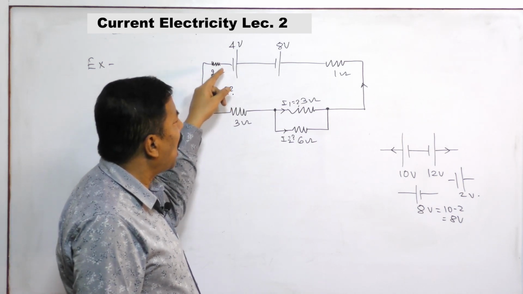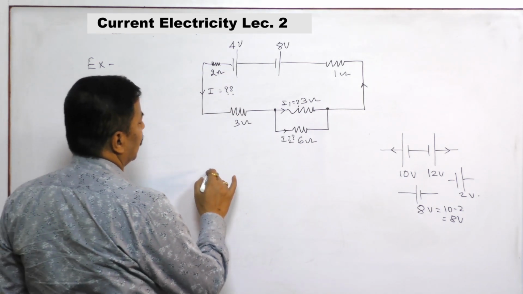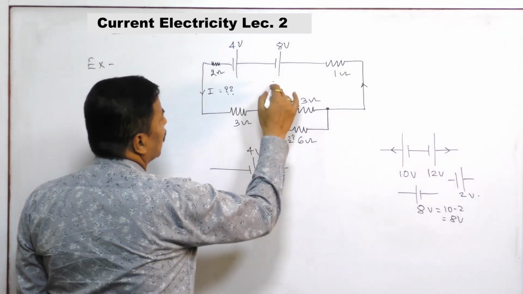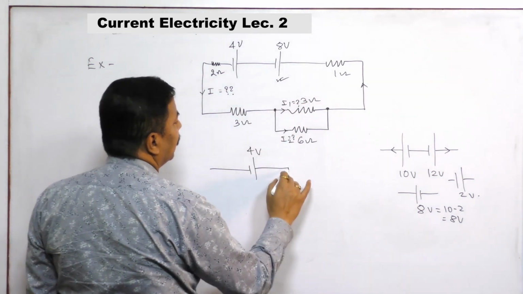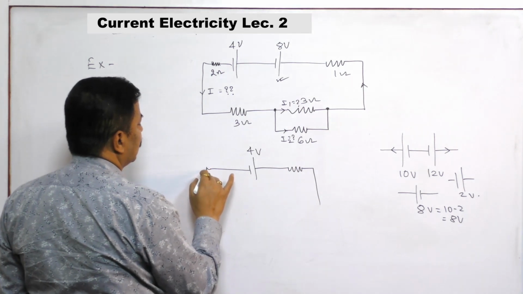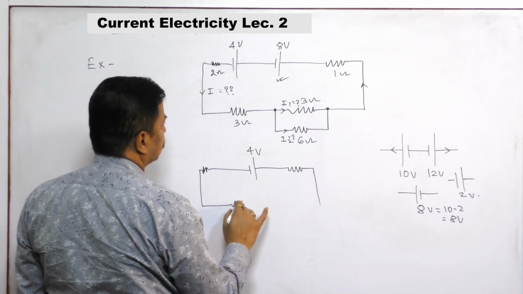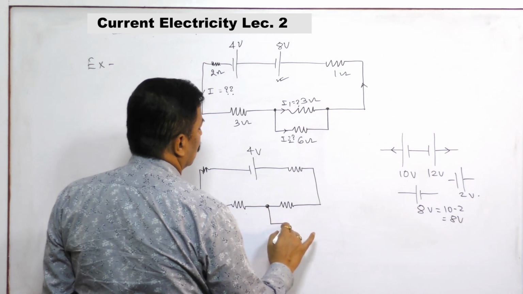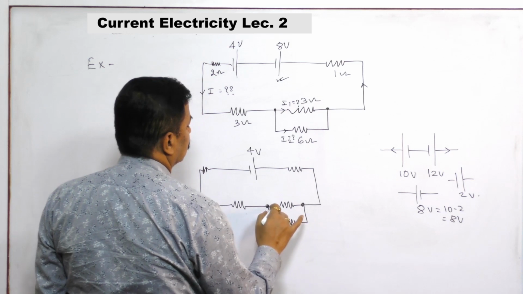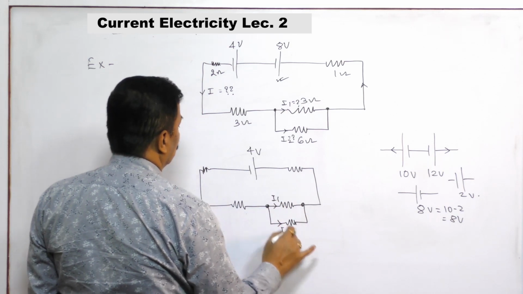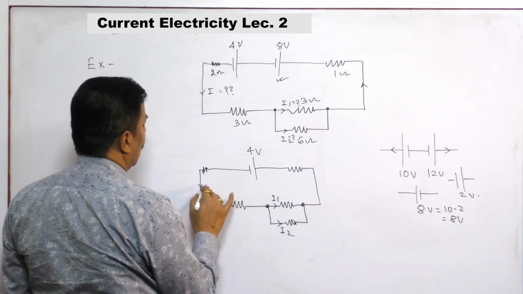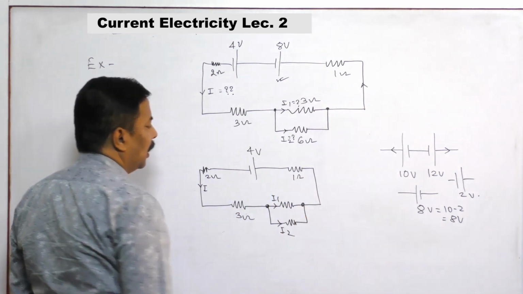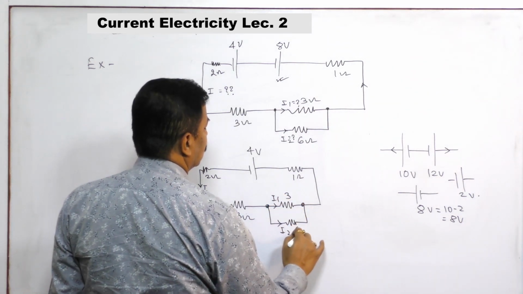If I replace this circuit by a circuit in this way, that is a battery of 4 volt, this has dominated, so I have given this symbol, and then here is the resistor, here is the resistor, I1, I2, and this is your I, 2 ohm, 3 ohm, 1 ohm. This is 3 and 6 ohm.